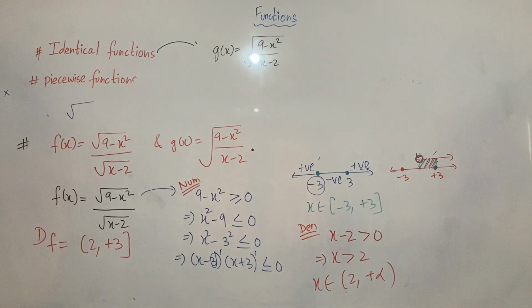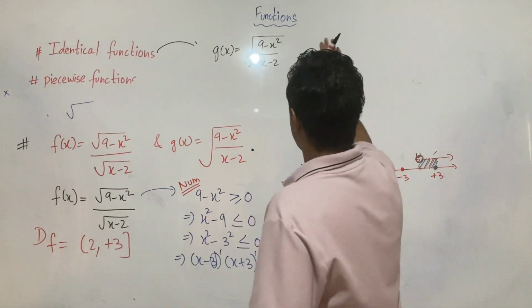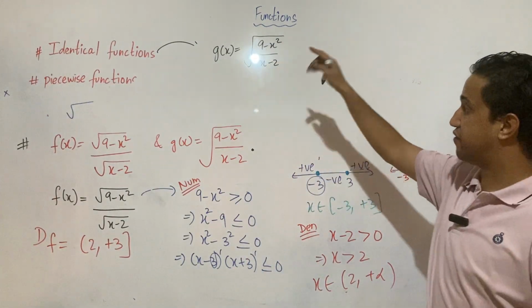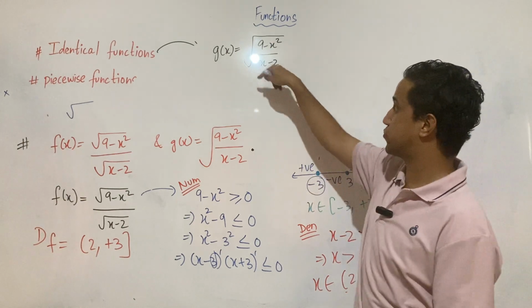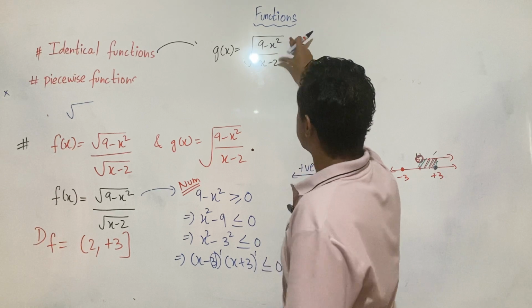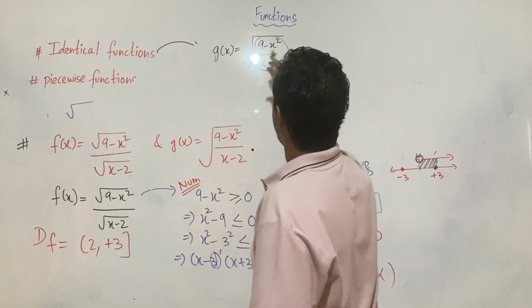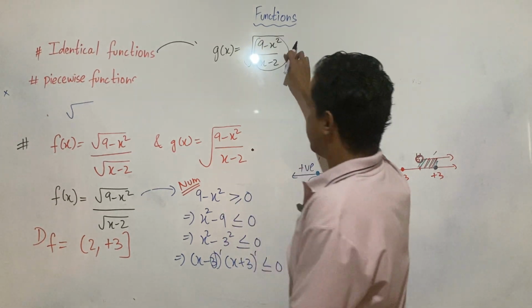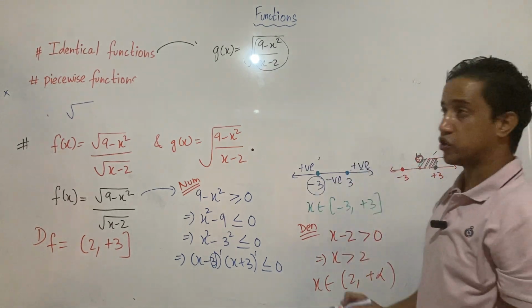Now we have just one root and everything is written within the root, which means this whole thing will be valid only if it is greater than or equal to 0, right?